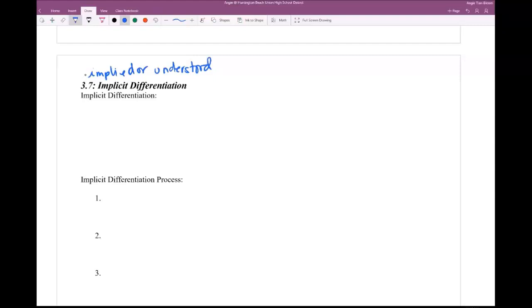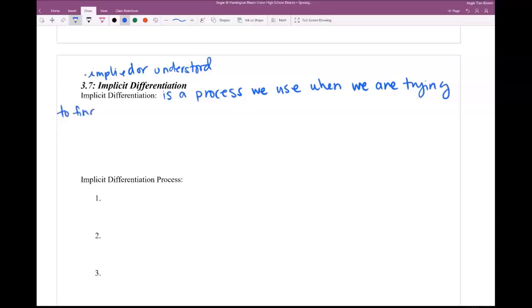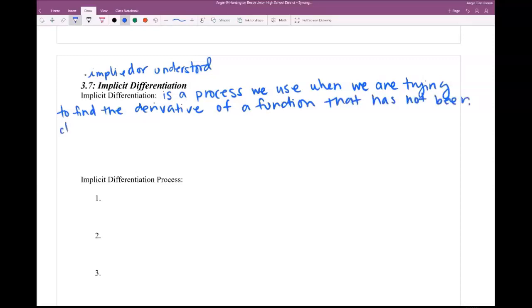Okay, so implicit differentiation is a process we use when we are trying to find the derivative of a function that has not been clearly defined.